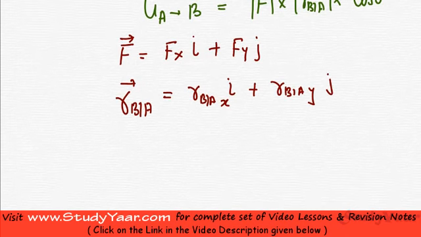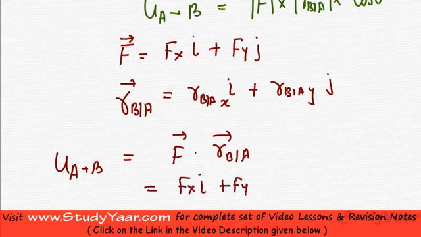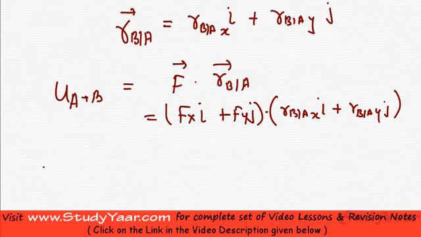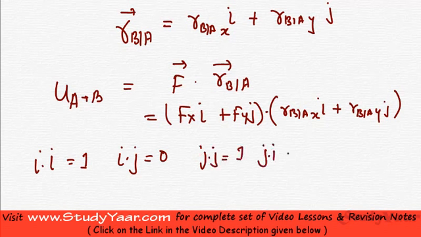So now my work done from A to B is going to be F dot RB by A vector, which is Fx i plus Fy j dot RB by A X i plus RB by A Y j. We know that i dot i is 1, i dot j is 0, j dot j is also 1, and j dot i is 0.